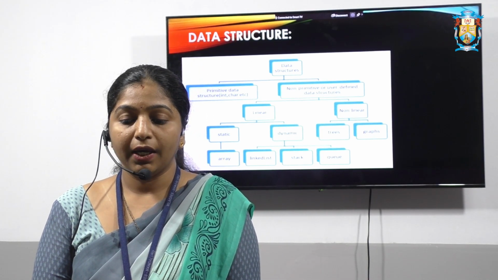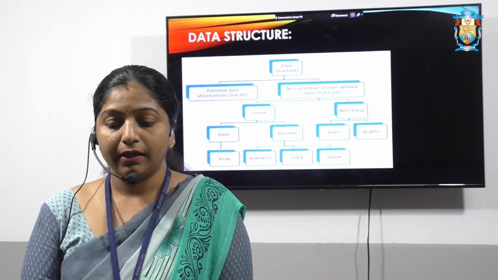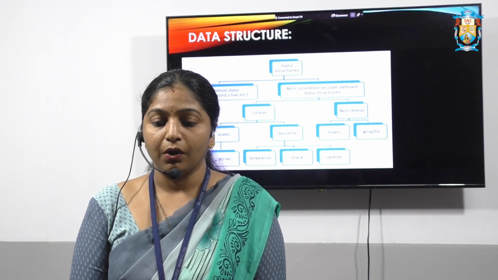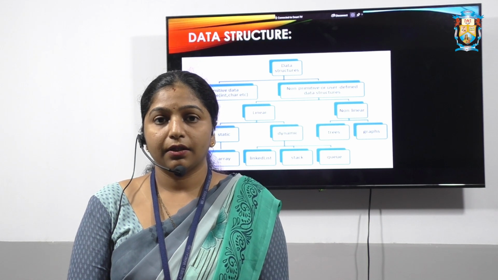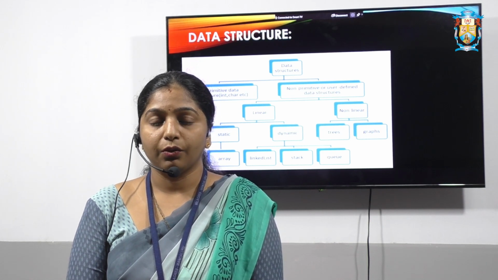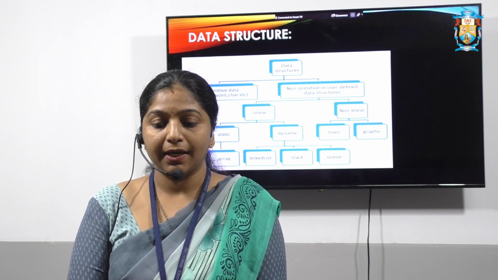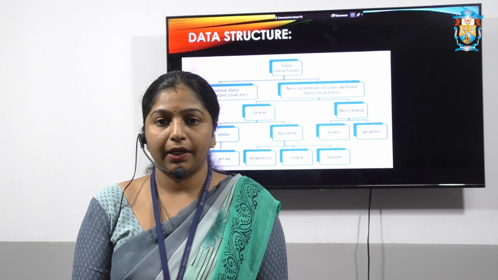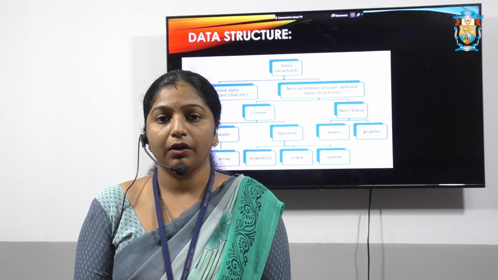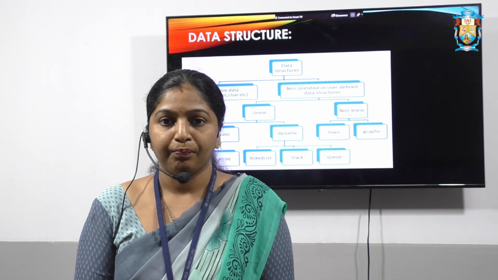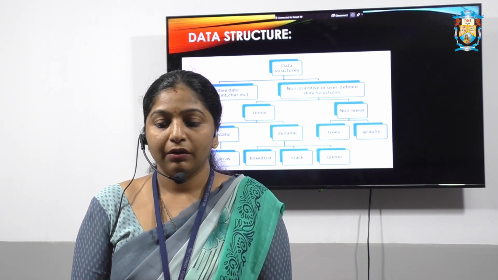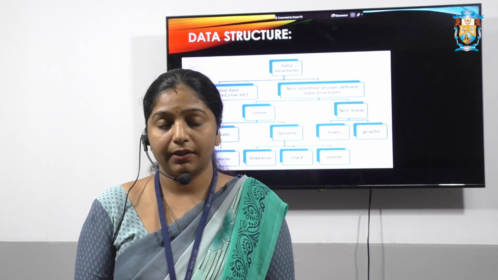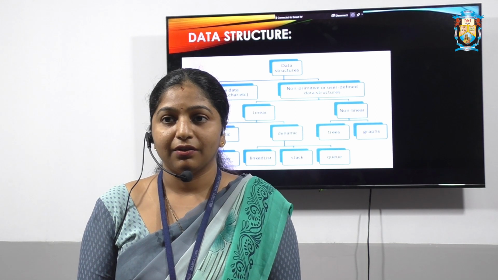In static we have array, and in dynamic we have linked list, stack, and queue. Static data structure is basically the data structure where the memory allocated for the array is fixed, we cannot change the size of the array. Next, dynamic, we can change the size of the array, the size of the list can be changed.